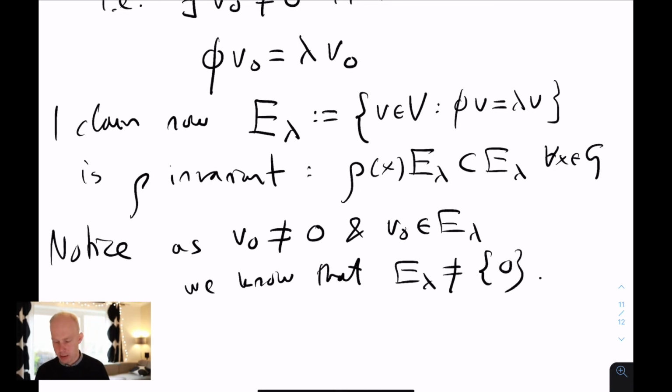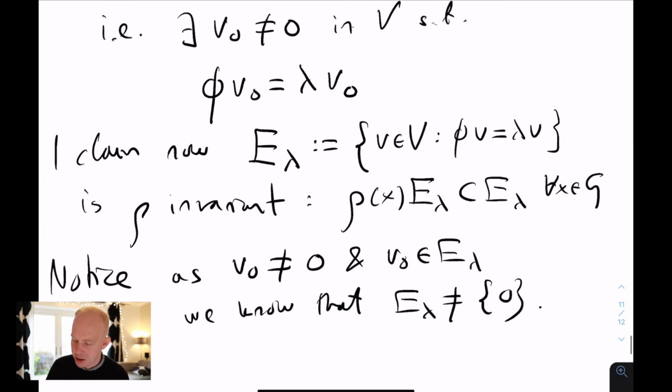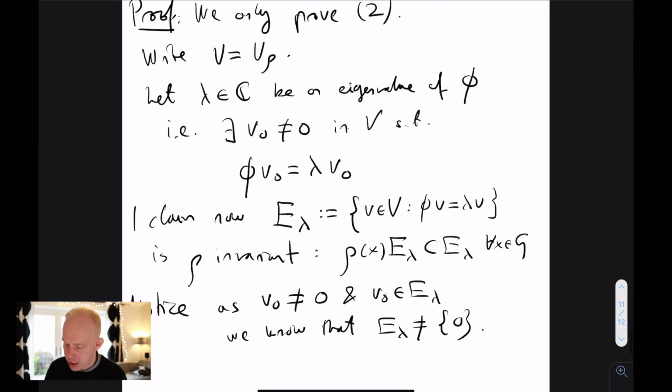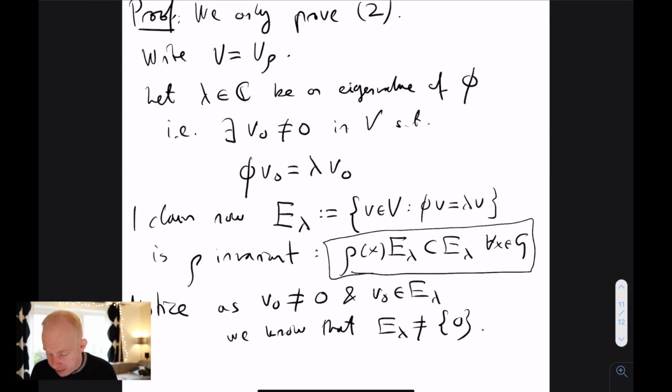This is important, because we have an irreducible representation, and I'm claiming that we can prove this is an invariant subspace with a non-zero element in it. So if it's rho invariant and it's an irreducible representation, the only possibility is that E lambda is everything, and the claim can be deduced from that. I will show that at the end, but the main thing is really to prove that this is rho invariant.